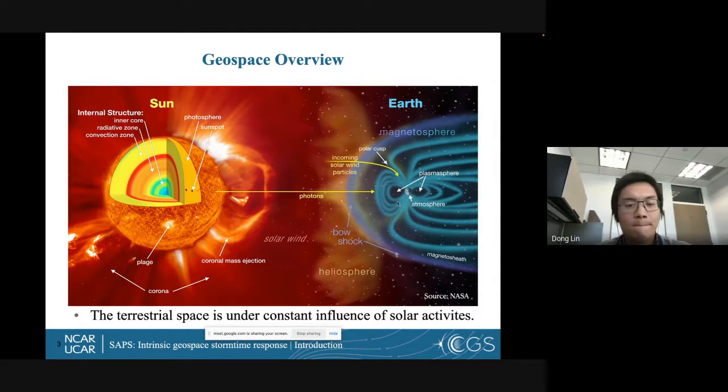So as we know, the solar eruptions can cause magnetic storms in the geospace, which are actually impacting many aspects of human life and society, especially in modern days. So it's actually very necessary for us to have good knowledge about how the geospace behaves during the storm time.